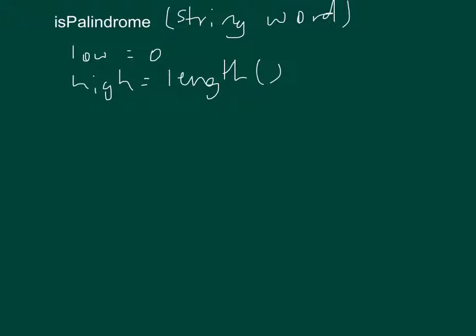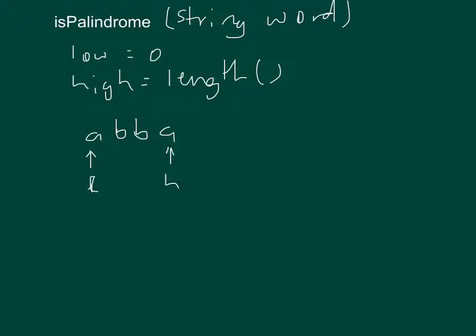Let me just use an example to illustrate how this method should work. Let's say we pass in the string ABBA. Now basically we want to use low to check the first character and high to check the last character.